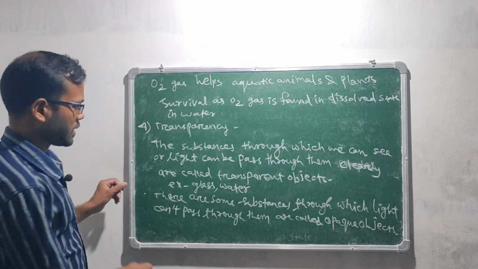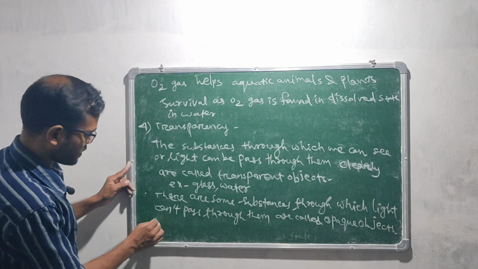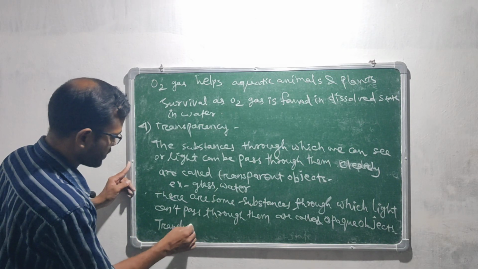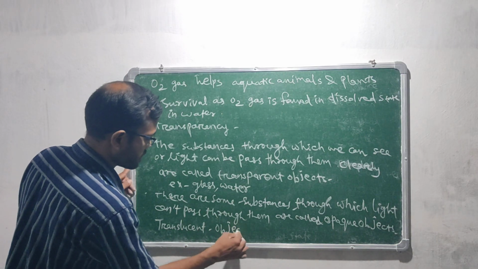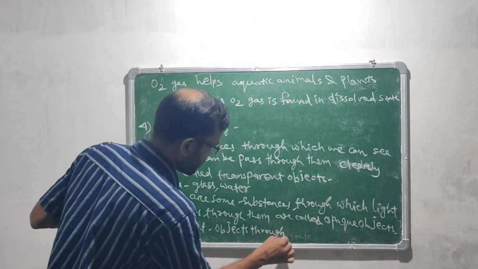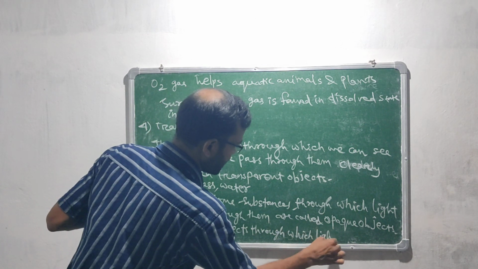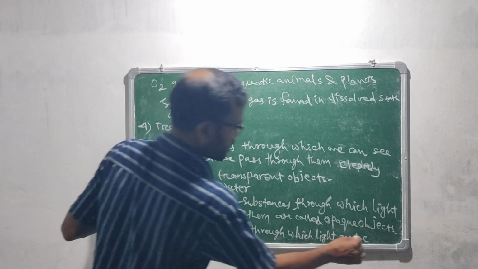Then last but not the least is translucent objects. Translucent objects are those through which light can be passed, but not clearly.